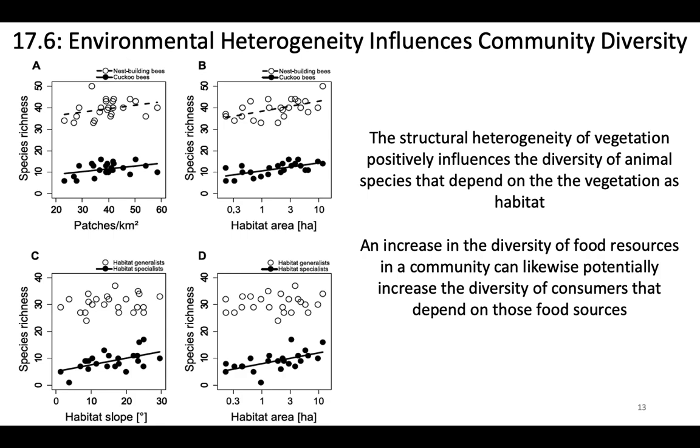I think that's Rich Hatfield from the Xerces Society's motto: if you plant a really diverse native flower source, then diverse communities of bees will likely follow with the plants that you're introducing. So likely in this study, looking at bee species richness, as habitat area increased, so did the diversity of plants in that area, and then so too did the diversity of bee species that were feeding on those plants.